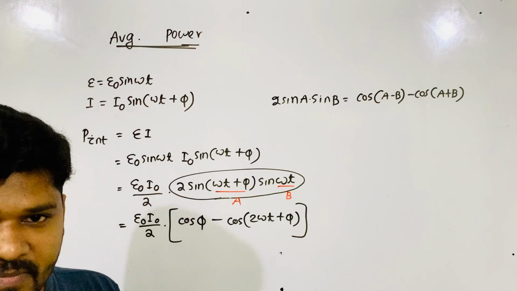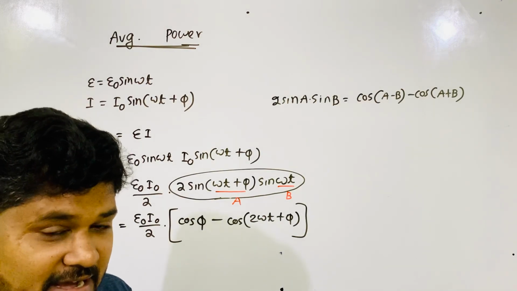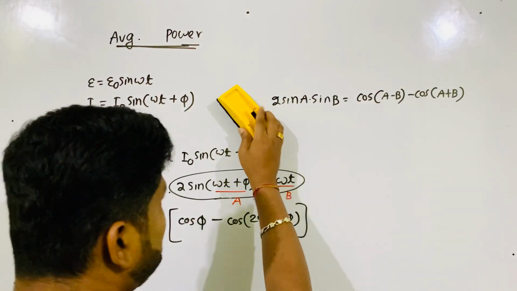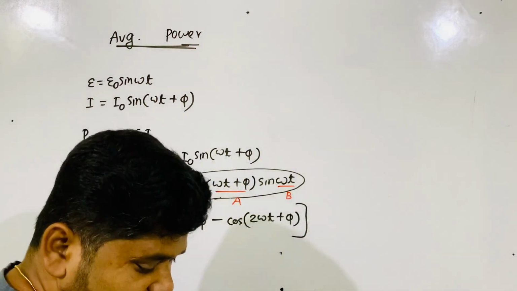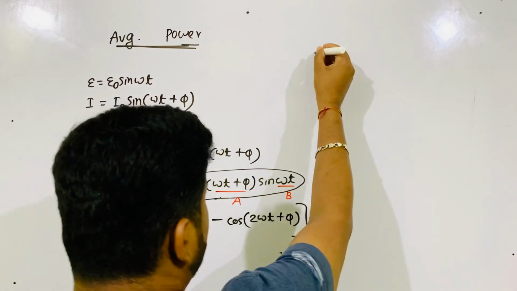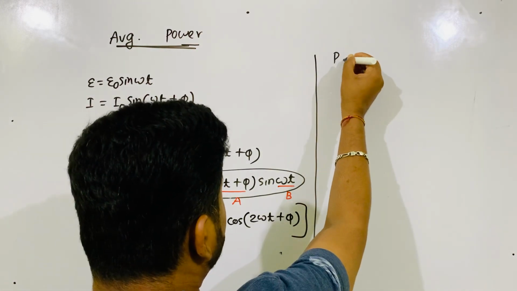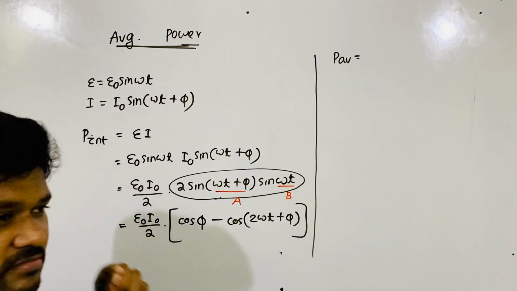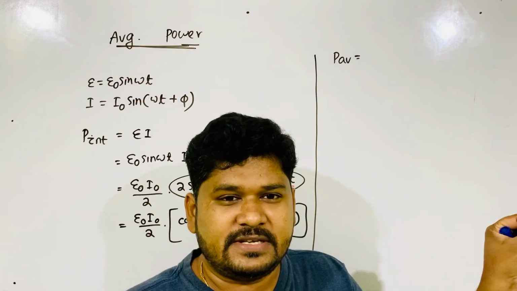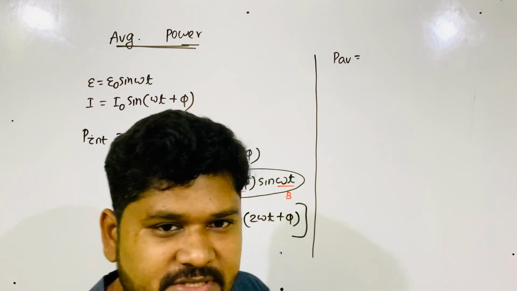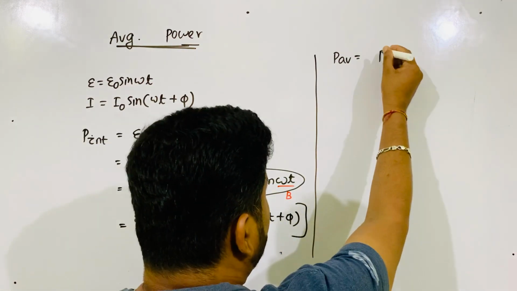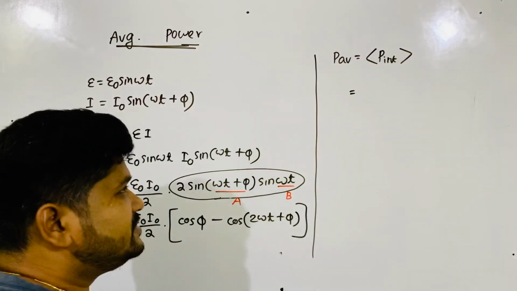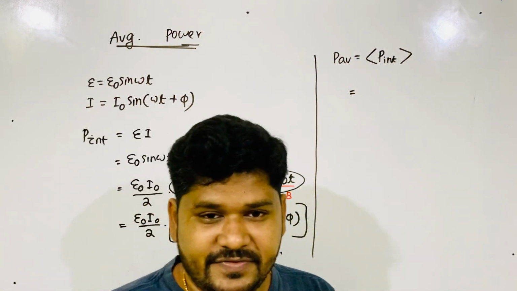But what do I need? I need average power, because all this voltage and current are changing. So let's find average power. I'll add all instantaneous powers, then divide by the number of times I have taken the observation. This is the symbol of average in physics.